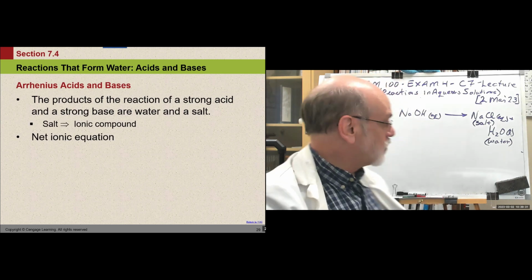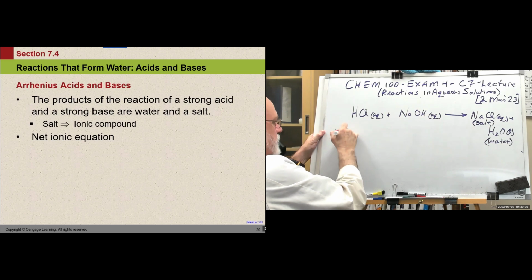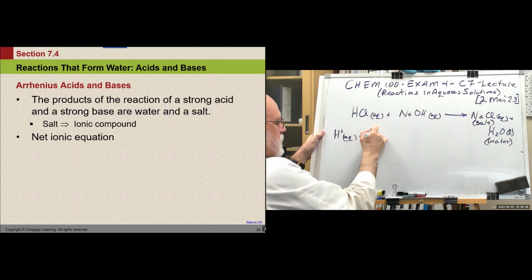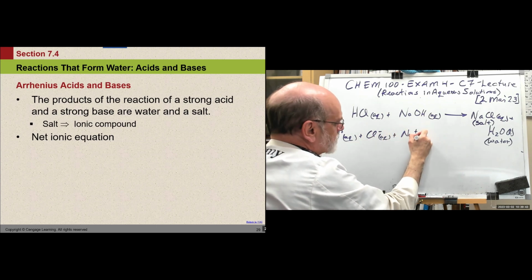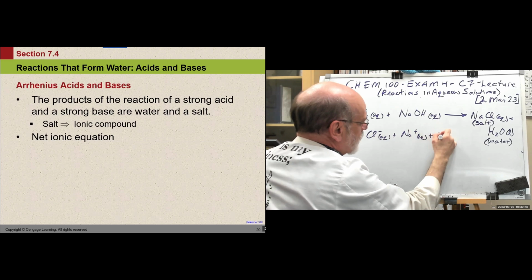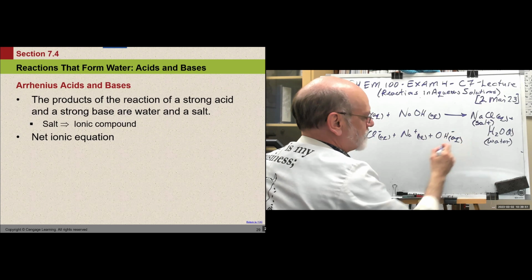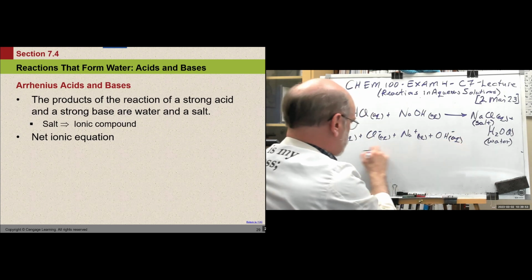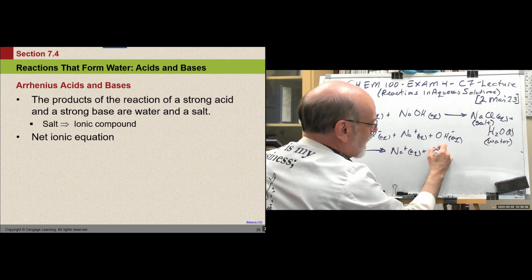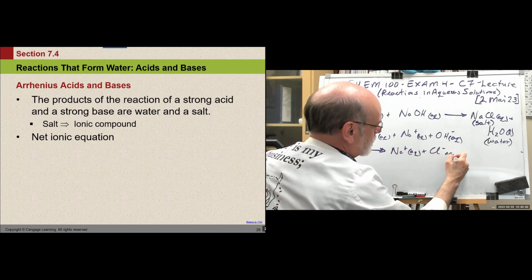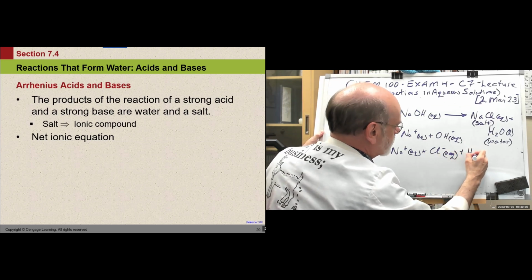And the net ionic equation, if we write this out completely, we would have this one plus this one, plus sodium ions plus hydroxyl ions, like that, would produce sodium ions, chloride ions, and water.